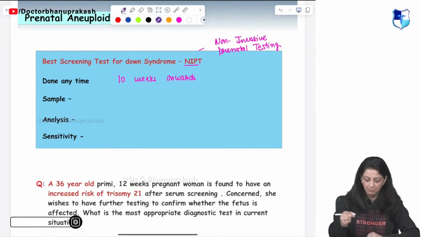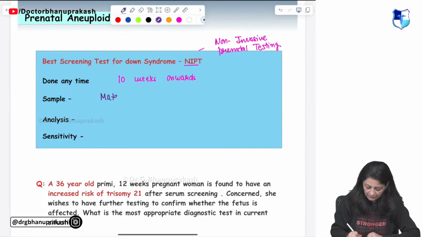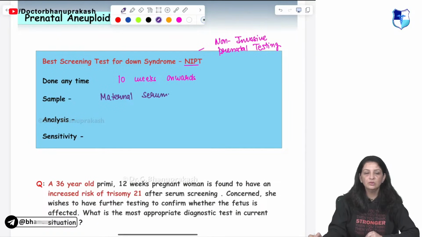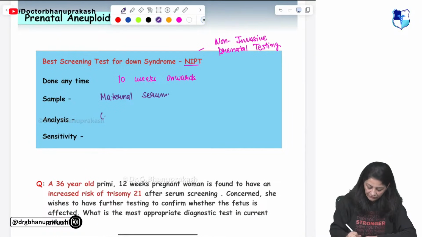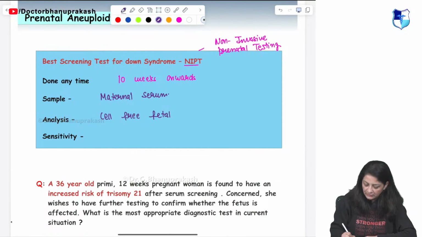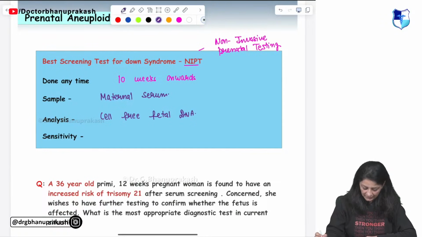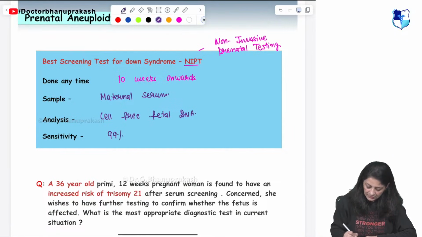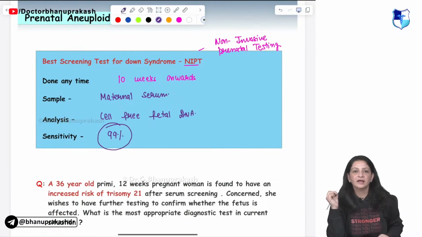Sample is maternal serum. Analysis is of cell-free fetal DNA. Sensitivity is around 99%.